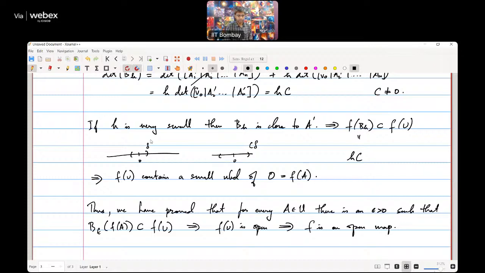If you encounter some space very often, it's a natural question to ask: is this space connected? Is it path connected? If it's not connected or not path connected, then what are its connected components? What are its path components? So sometimes it can be quite difficult to answer these questions.